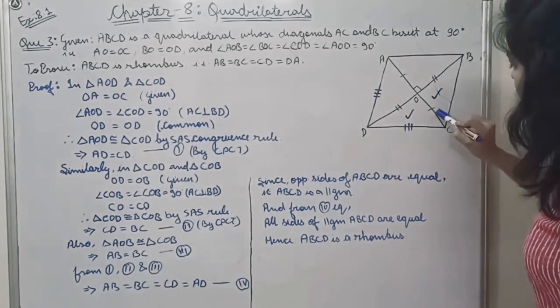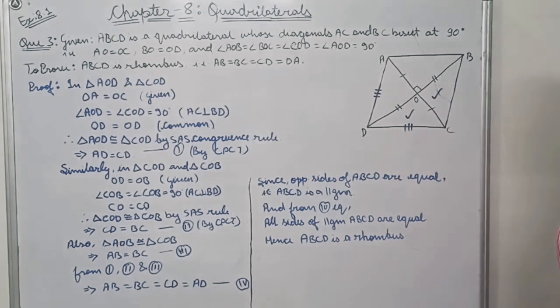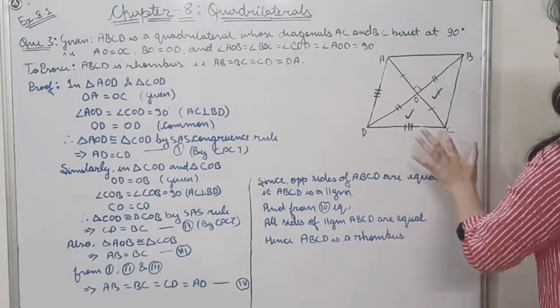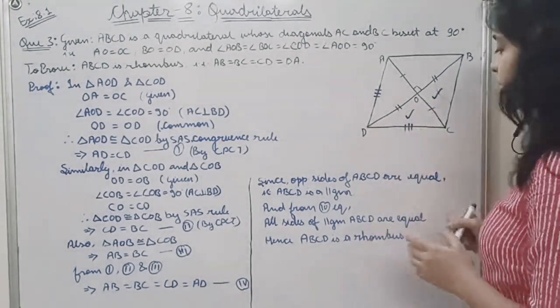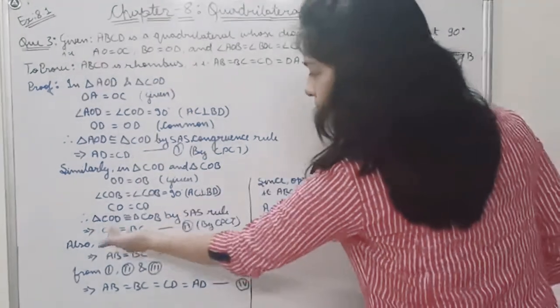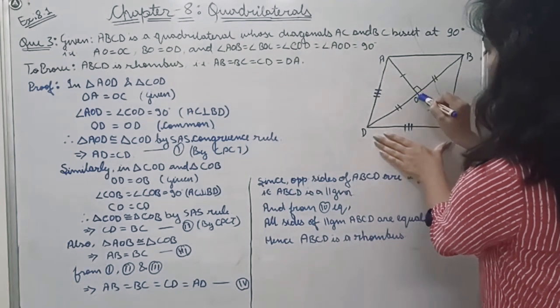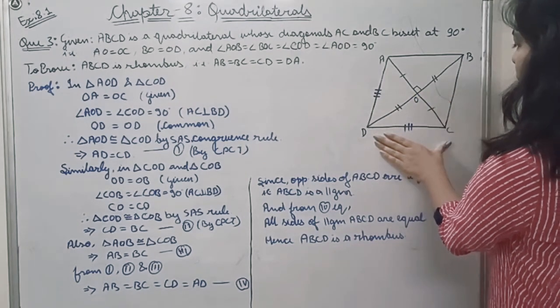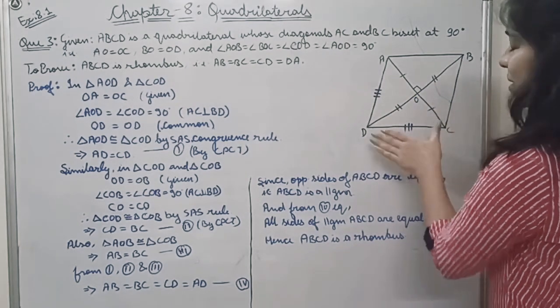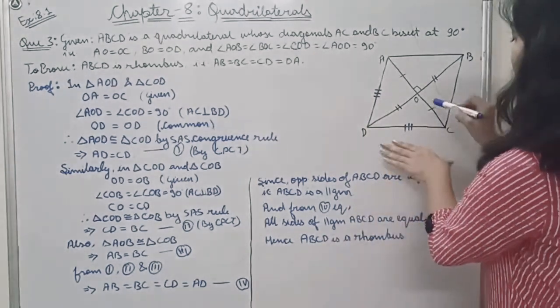So again by side angle side congruence rule, the two triangles COD and COB are congruent, and hence if two triangles are congruent, then their corresponding parts will be equal. COD is congruent to COB, so their corresponding sides opposite to the right angle, I must say side opposite to, sorry for the mistake.